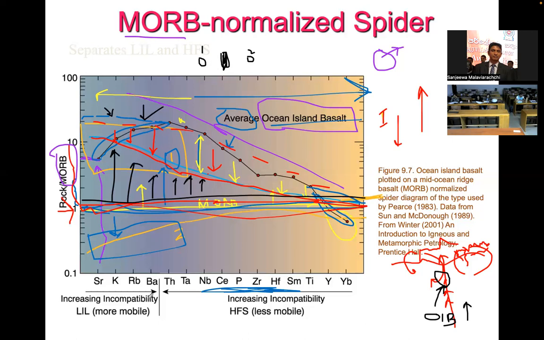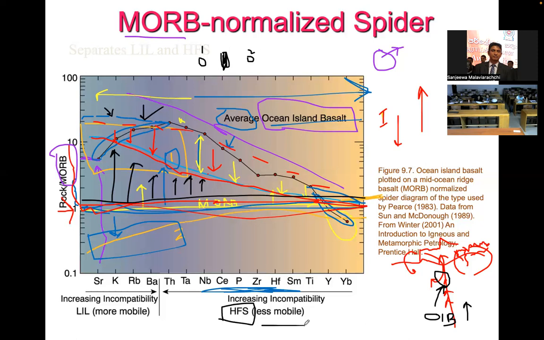Okay, right. So do you have any questions up to now? So you can see the HFS here. What is HFS? It should be HFSE also. Sometimes it's called HFS, high field strength elements. Actually, all the rare earth elements can also be categorized into high field strength elements, considering their ionic radius and valency.